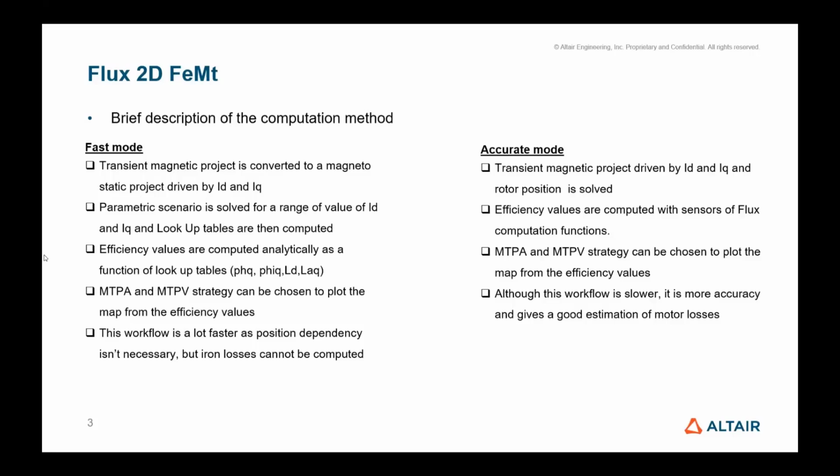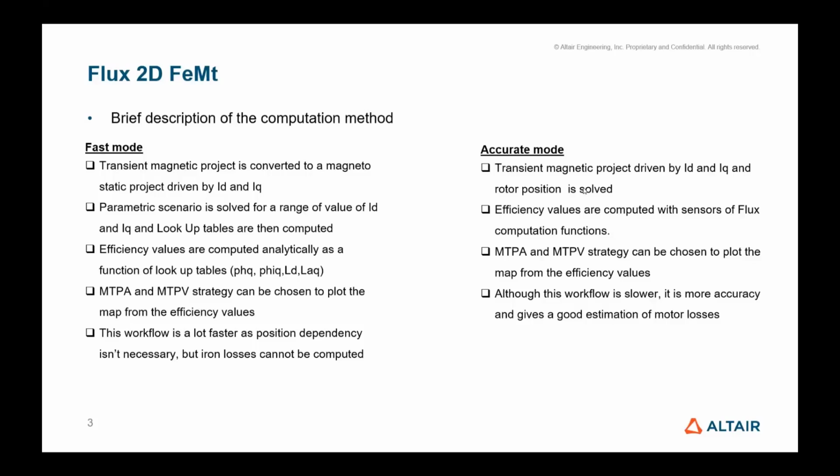The main advantage of the fast mode is that this workflow is really faster, and there is some drawback: we don't consider the iron losses in the motor, I mean by this the stator and the rotor. Also, we don't consider the position of the rotor.